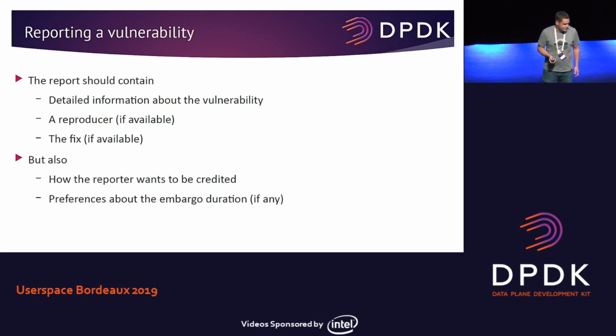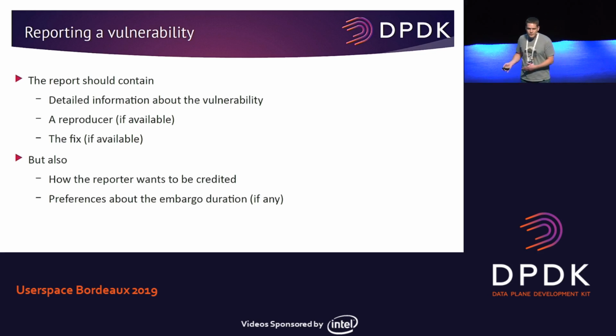When you report a vulnerability, you should provide some information. Basically all the technical information that could be useful to understand the issue. If you have one, a reproducer is welcome. It is not mandatory, but if you have a fix, just attach it to the report. You can also provide some non-technical information, like how you want to be credited.